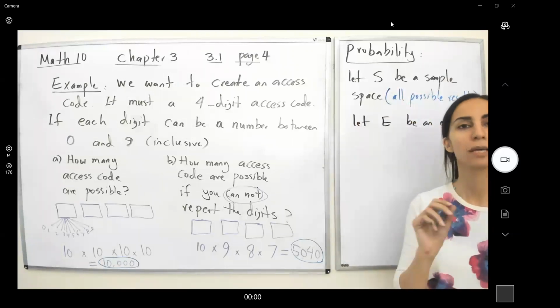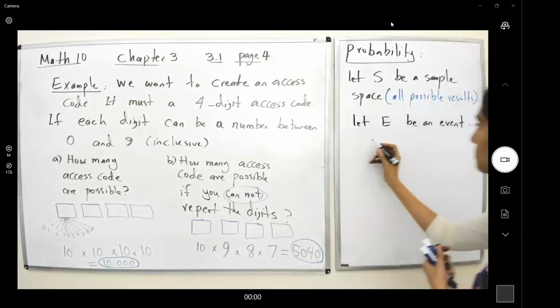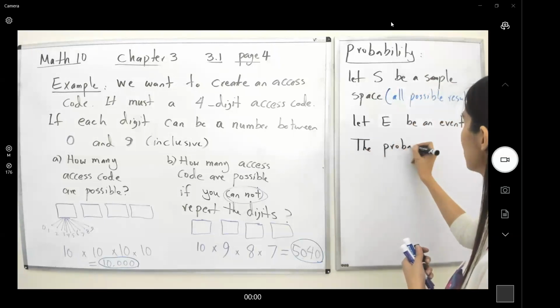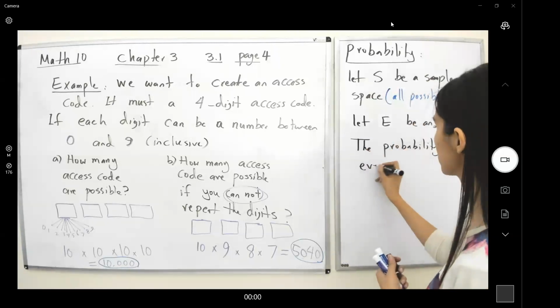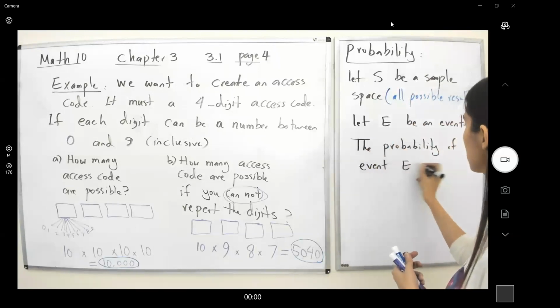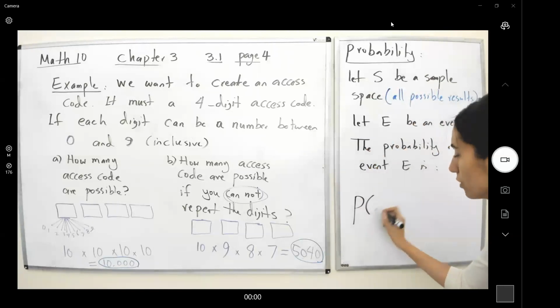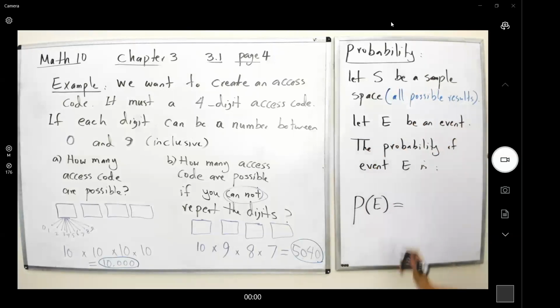Then the probability of event E, they write it as P of event E, which is equal to, you have to do a little bit of algebra. It's going to be a fraction.